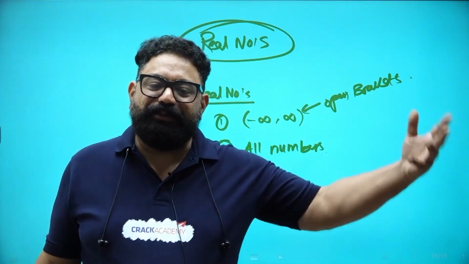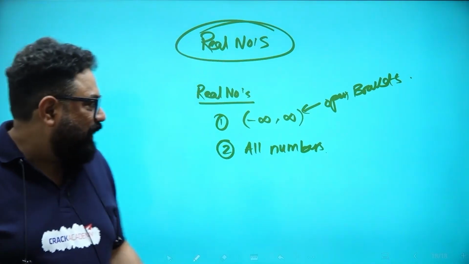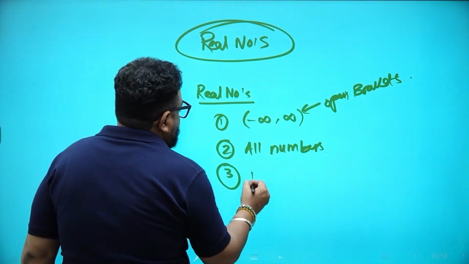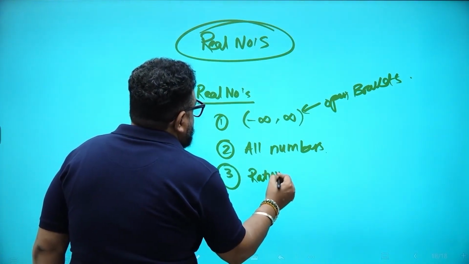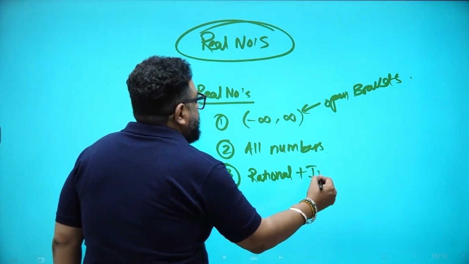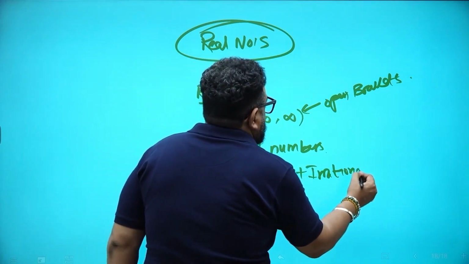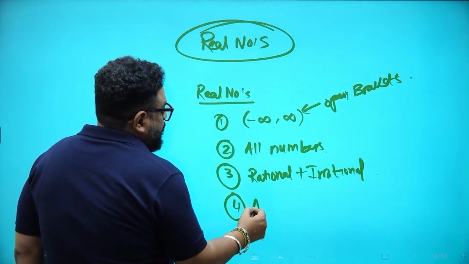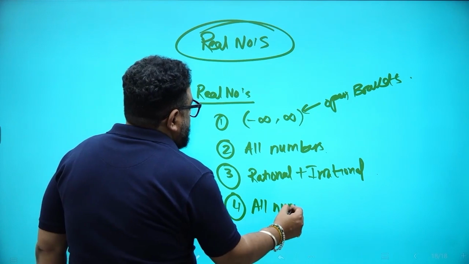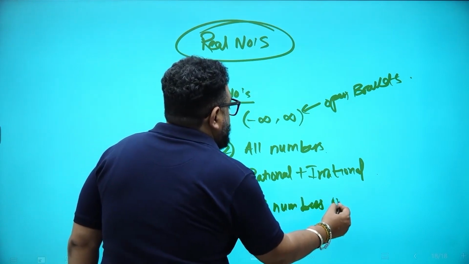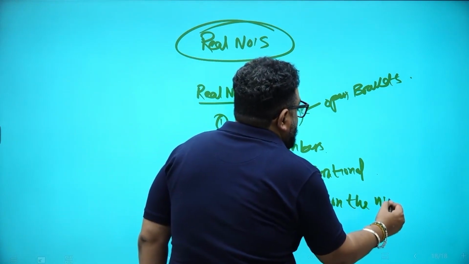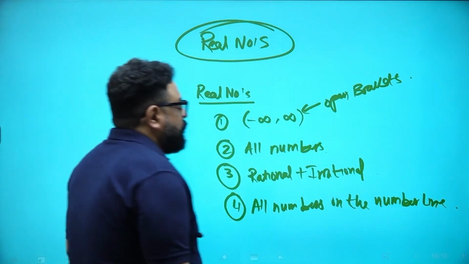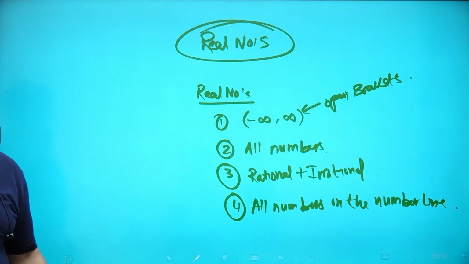There is no end to it because infinity otherwise also does not end here. All numbers, or the most important definition would actually be rational plus irrational. Or we say all numbers on the number line.